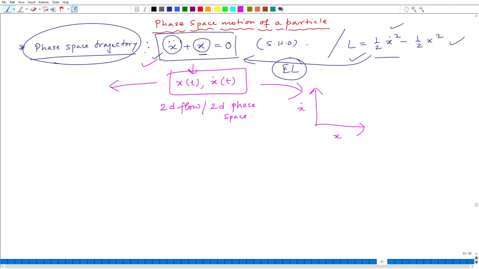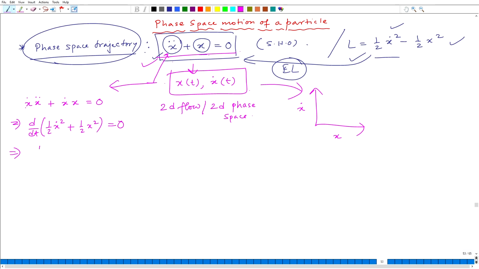When you have this equation, you can always write x dot x double dot plus x dot x is equal to 0. So, you multiply x dot throughout with this equation, and then you can write this as d by dt of half x dot square plus half x square is equal to 0.